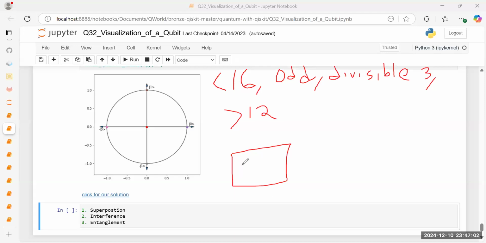And what we're going to do is create a superposition, utilizing 4 qubits.